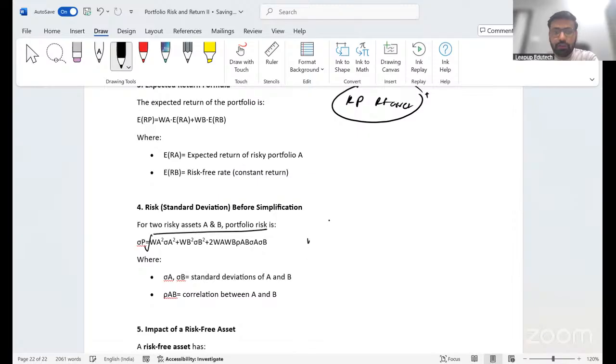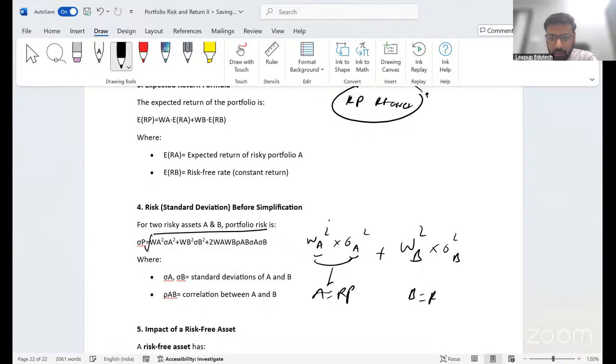There should be a square root over the weight of A squared into the standard deviation of A squared, where A is the risky portfolio, plus the weight of B squared into the standard deviation of B squared, where B is the risk-free asset, plus 2 into the weight of A into the weight of B.